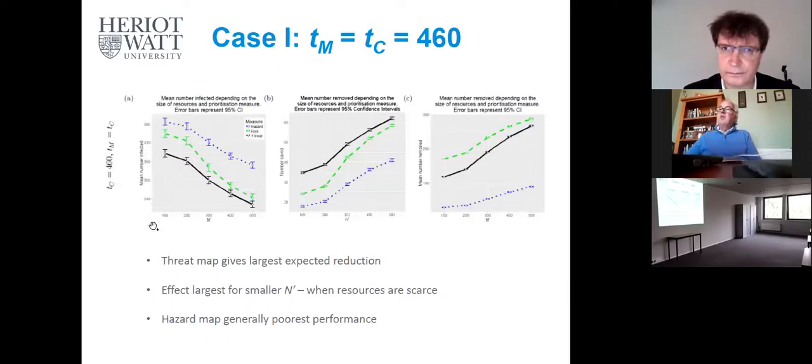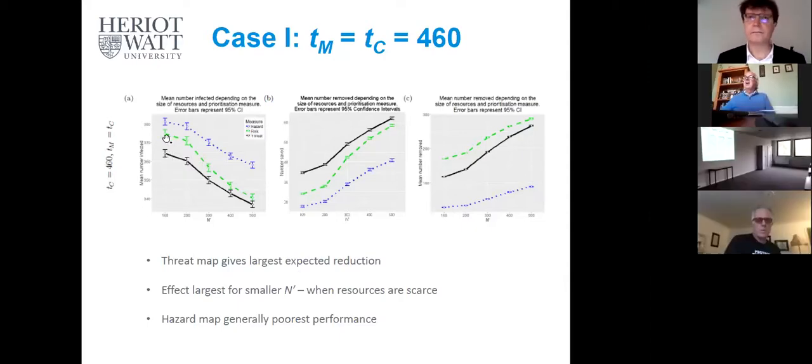So again, if we look to see how the mean number infected at time 500 looks like when we increase n dash from the minimum value of around 160 up to 500. Now we see that when resources are scarce, we are actually getting a big difference between the risk and the threat map, in that you're not nearly getting as good control using the risk as one does with the threat.